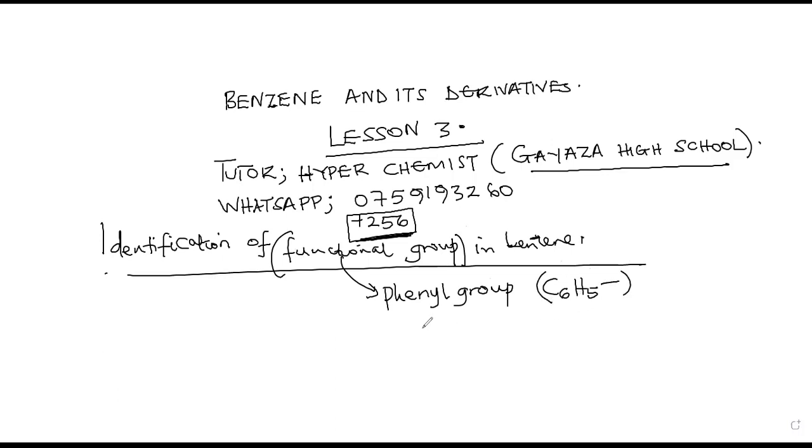So how do we identify it? We can identify it by testing benzene with bromine, or by reacting benzene with bromine in presence of aluminum chloride, as I said.